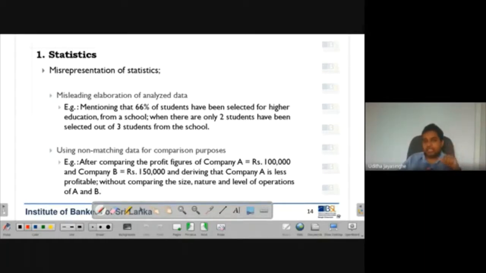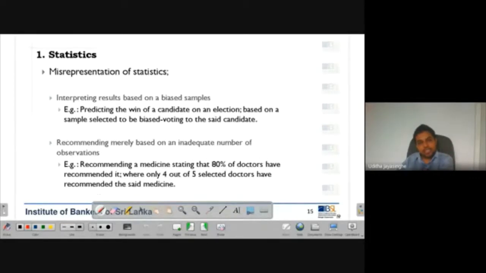So likewise, there are a few instances which you really shouldn't do. Misleading, elaborating, analyzing data, using unmatched data for comparison purposes, taking biased samples, recommending merely based on inadequate observation. These are some of the instances where misrepresentation of statistics does not do any justice to your audiences.